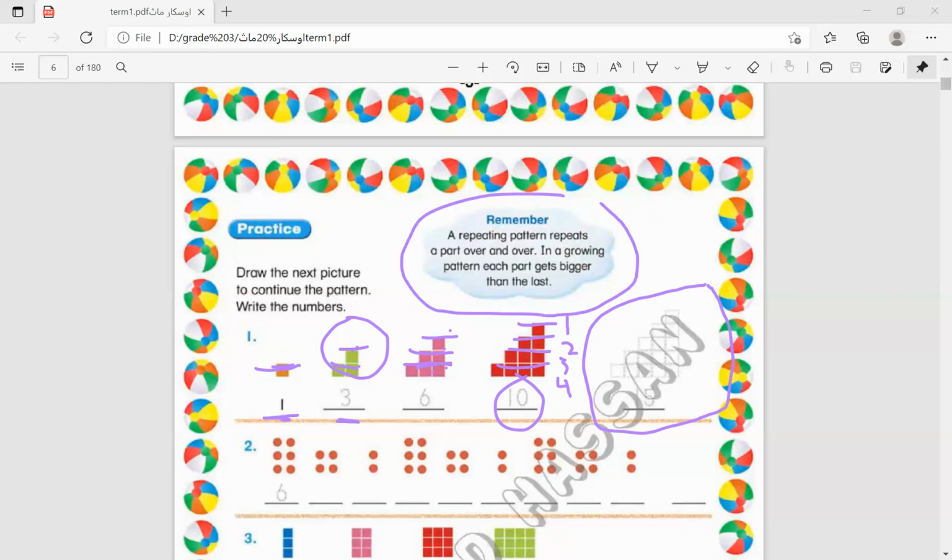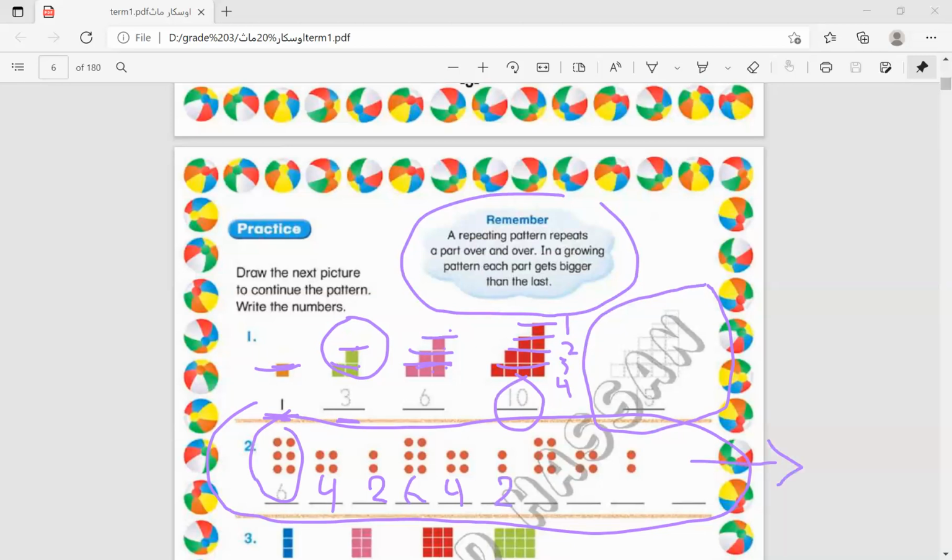Next one, number 2. Okay. Is it a growing pattern or a repeating pattern? هل ده نمط متنامي ولا نمط متكرر؟ 6 in the first, 4, 2. 6, 4, 2.